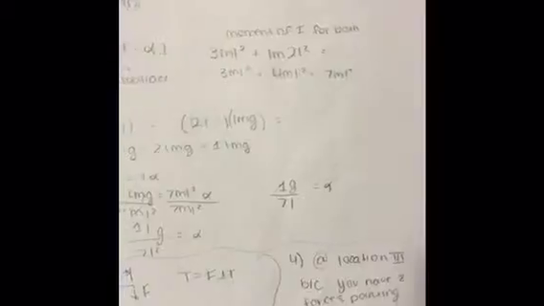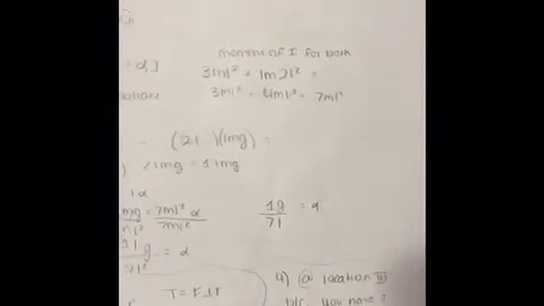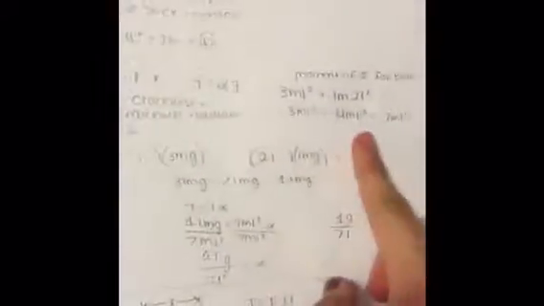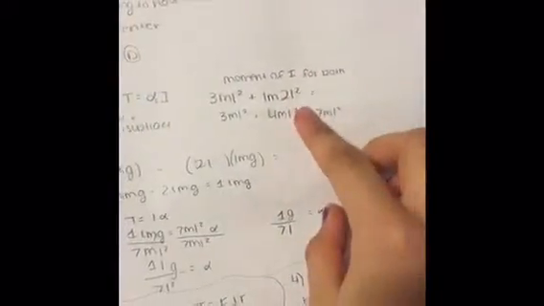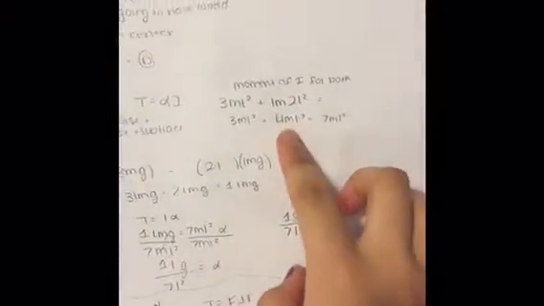So I found the moment of inertia for both of them, and the formula is ml squared, so 3ml squared plus 1 ml squared, and since it's 2 squared, you'd get 4, so 3 plus 4 is 7.